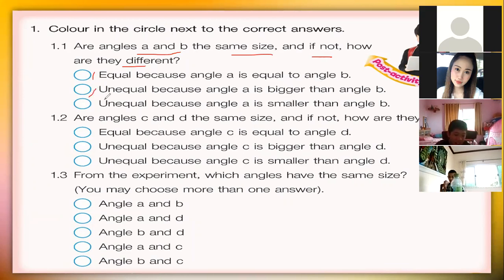Option 2, unequal because angle A is bigger than angle B. Option 3, unequal because angle A is smaller than angle B. So what do you think? Which one is correct? First, second, or third? Is it equal? Angle A and angle B, is it equal or unequal?